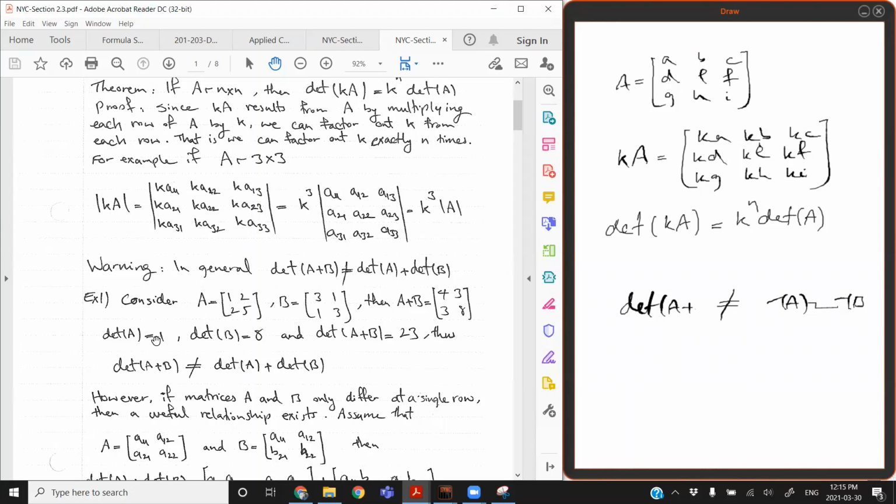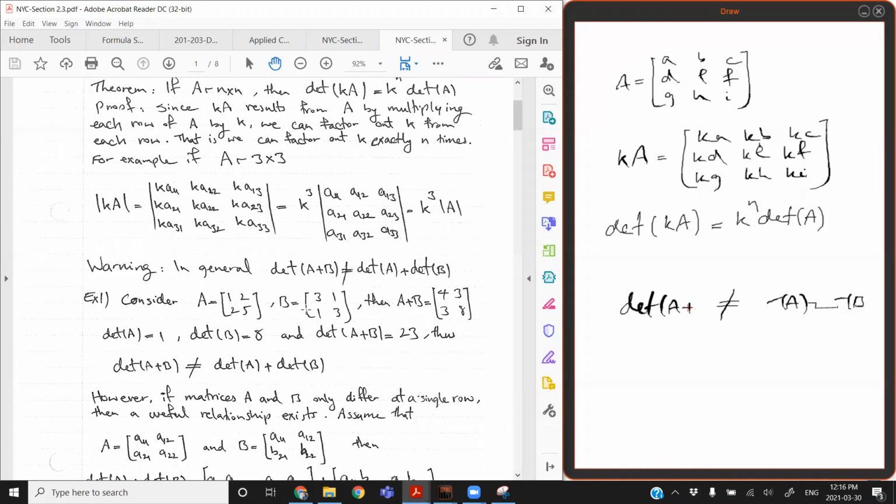Determinant of A using AD minus BC is 1. Determinant of B is going to be 9 minus 1, 8. Determinant of A plus B is going to be 4 times 8, 32 minus 9, 23. And you can see that 23 is not equal to 1 plus 8. So generally, this is not the case.